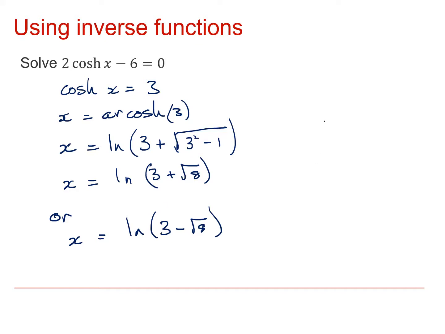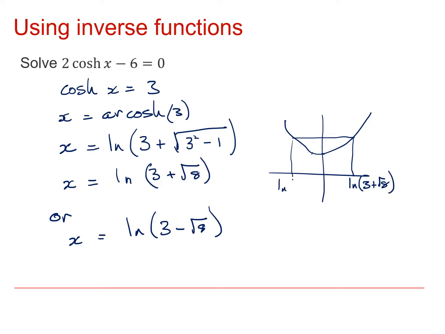And remember, that's coming from here for our function, giving us the two possible values. That from the function, and this one from knowing that there are two possible values and how they're formed.